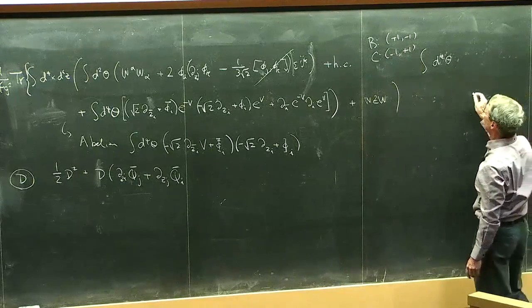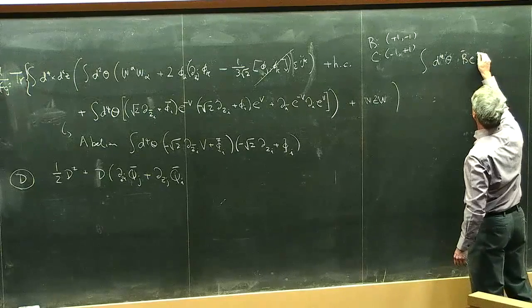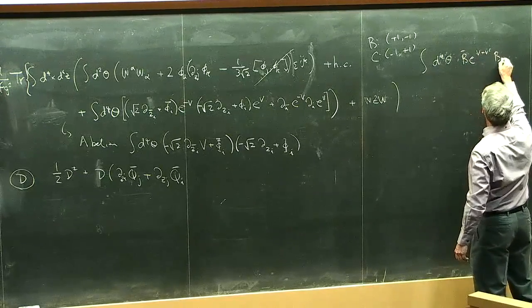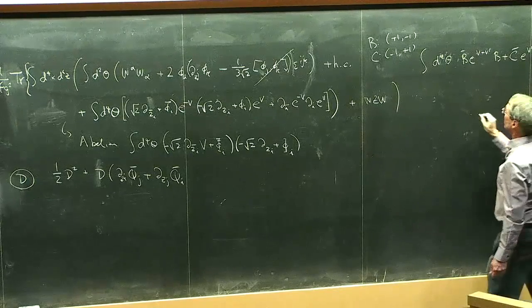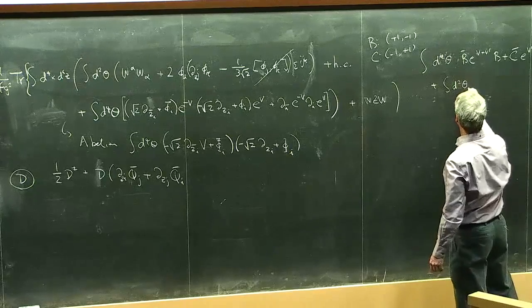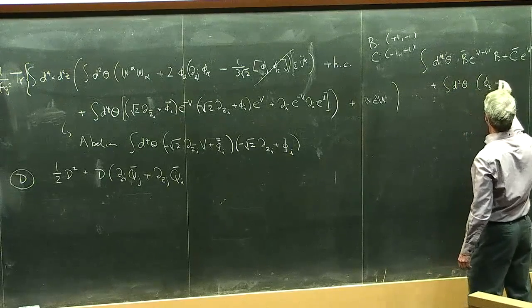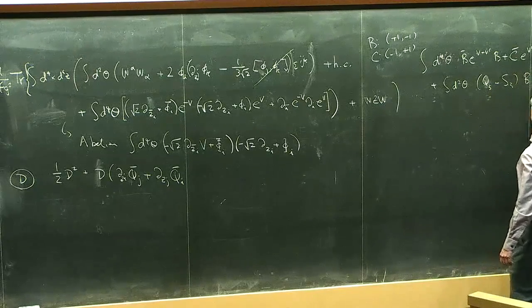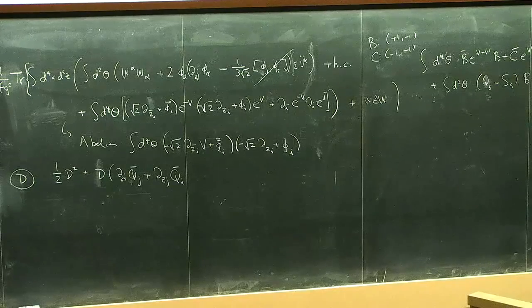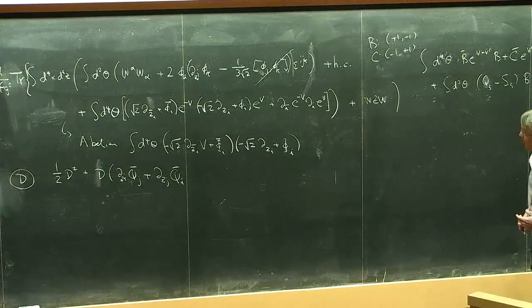And so we have integral d4 theta, B bar e to the v minus v prime B plus C bar e to the v prime minus v C, plus integral d2 theta (Q3 minus S3) BC. The first line is just the gauge-invariant kinetic term plus Hermitian conjugate. And the second line is the superpotential, which has to be there because when the two branes are separated, when Q3 minus S3 is non-zero, this gives mass to the hypermultiplets.